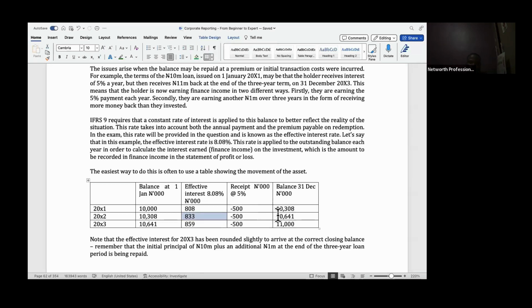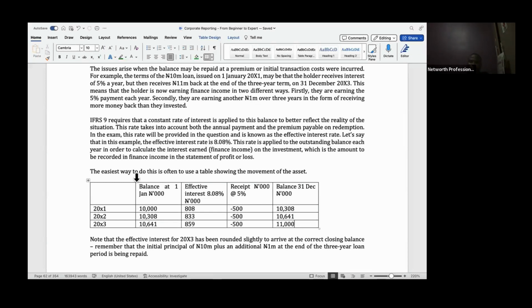And this 10,641, now that I'm expecting my money next year, is going to be a current asset. So 859 in year 3 goes to P&L. And at the end of year 3, they simply pay me back the 11,000. And this is how amortized cost works.